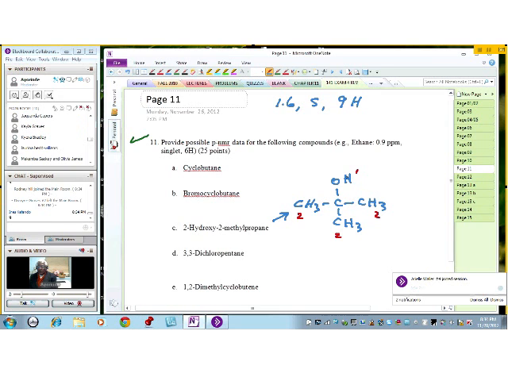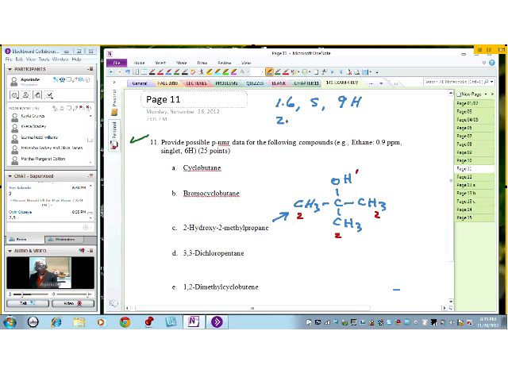Okay. Now we have only one set of hydrogen to go. What will be the chemical shift of this hydrogen which is attached to oxygen? According to your chart, the range is kind of broad. So just give me anything within that range. 2.5, okay. That's the low end. Okay, I'll take that, 2.5. Okay, and what will be the multiplicity?